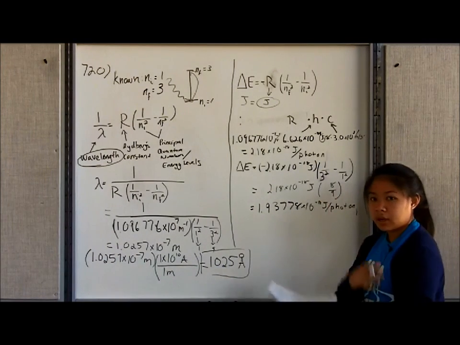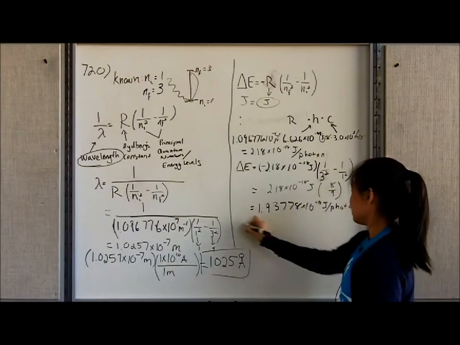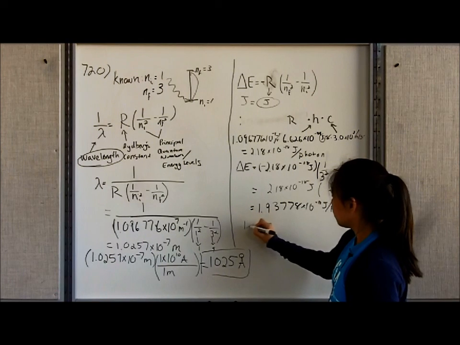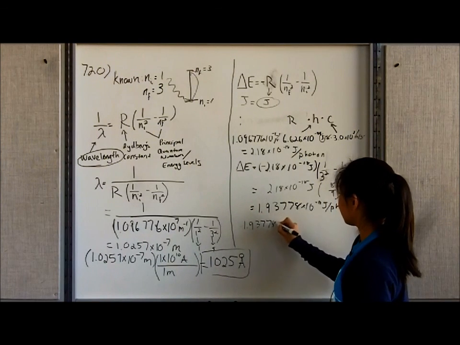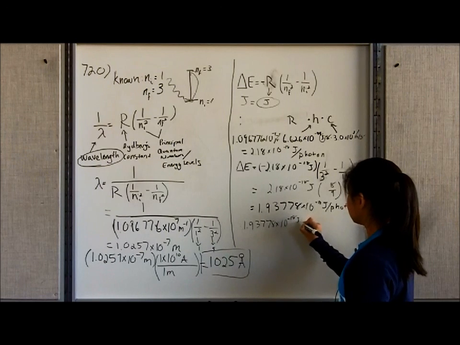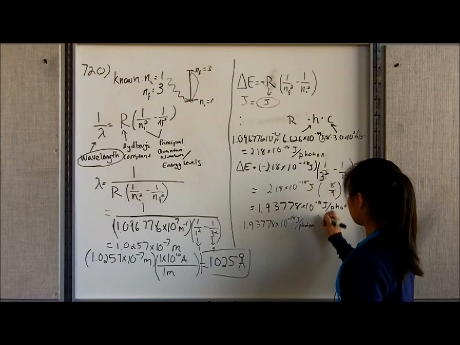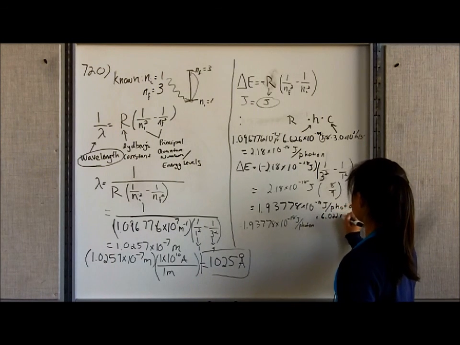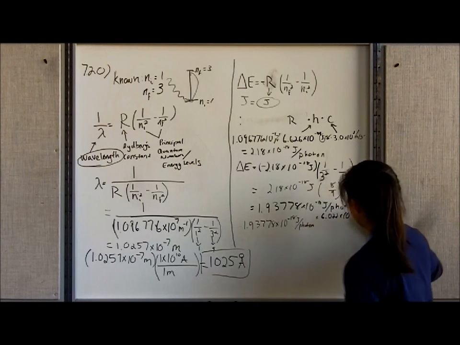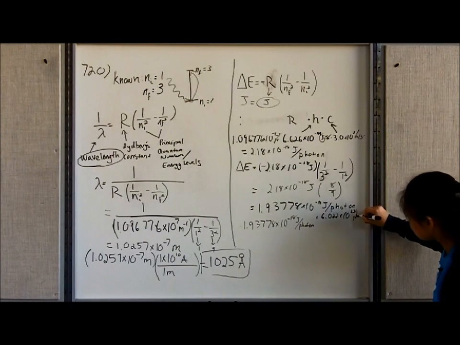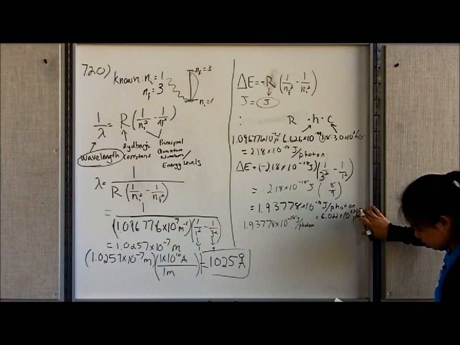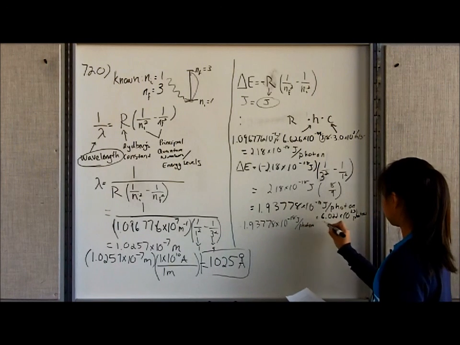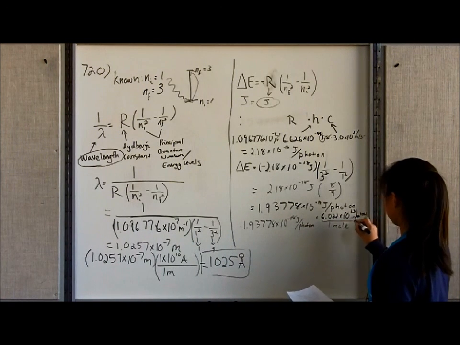And this is just a really simple Avogadro's number conversion. So you're going to do essentially 1.93778 multiplied by 10 to negative 18 joules per photon, multiplied by 6.022 multiplied by 10 to the 23rd photons per 1 mole, right?